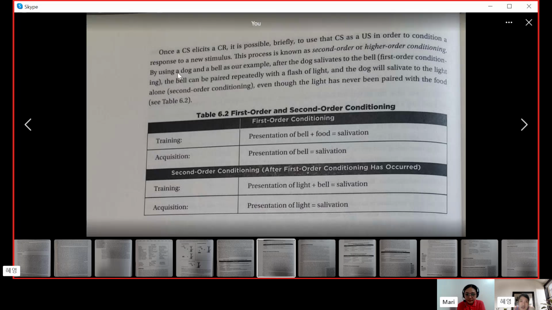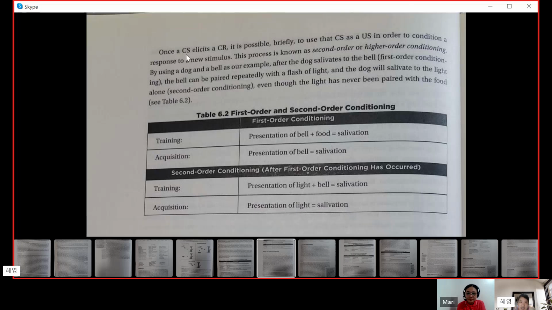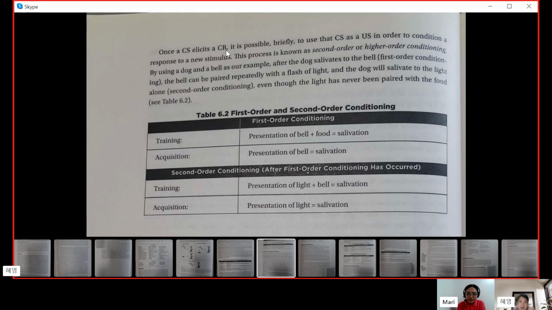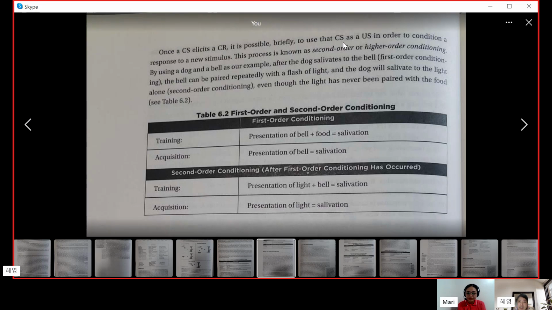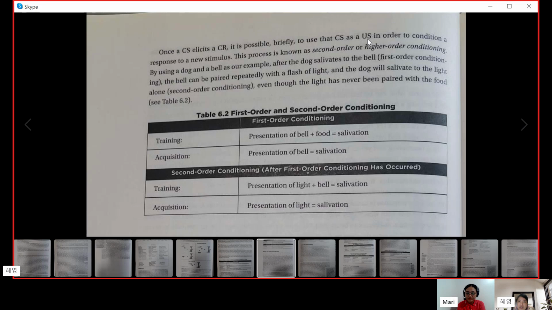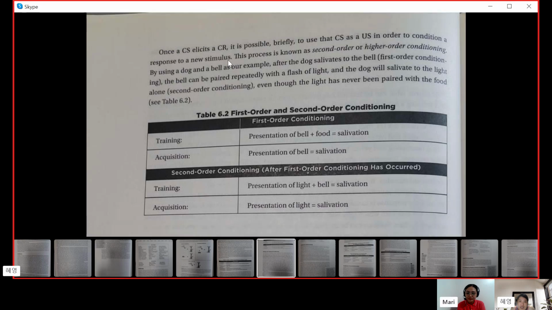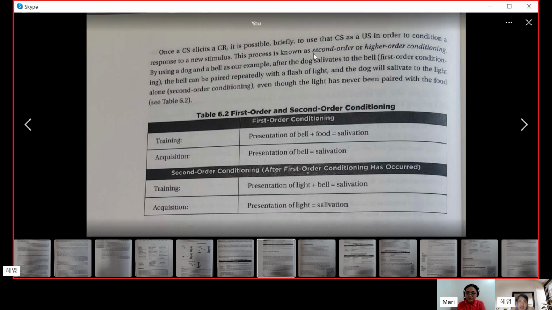Once a CS, conditional stimulus, elicits a CR, conditional response, it is possible to use that CS as a US, unconditional stimulus, in order to condition a response to a new stimulus. This process is known as second order or higher order conditioning. So this is first order conditioning and this is second order conditioning.